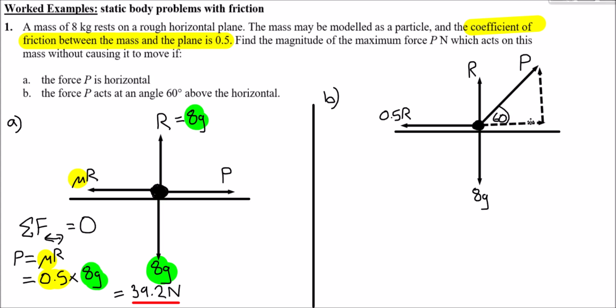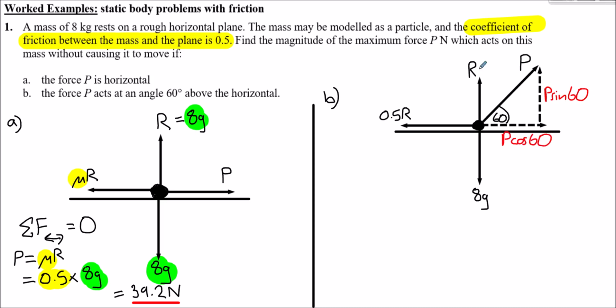Apologies if some people are annoyed by these arrows not being quite vertical and quite horizontal. I'll fix that for you, and for me in truth. So the vertical component of P will be P sine 60. The horizontal component will be P cosine 60.